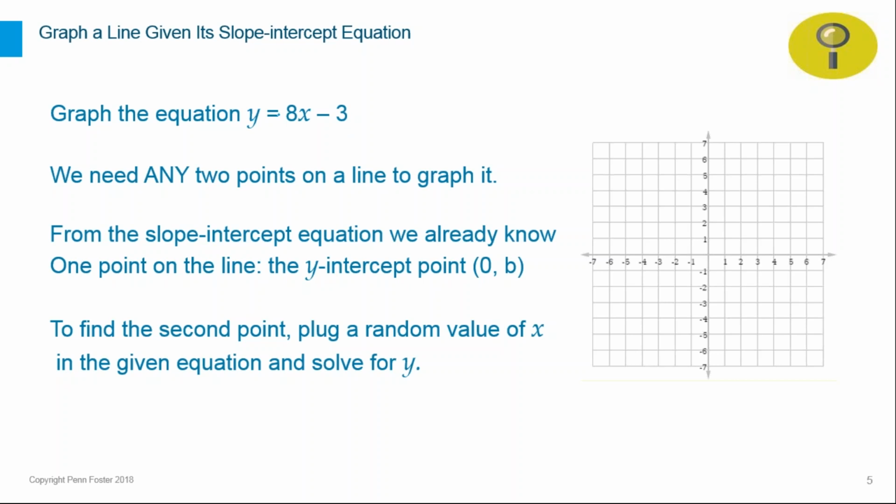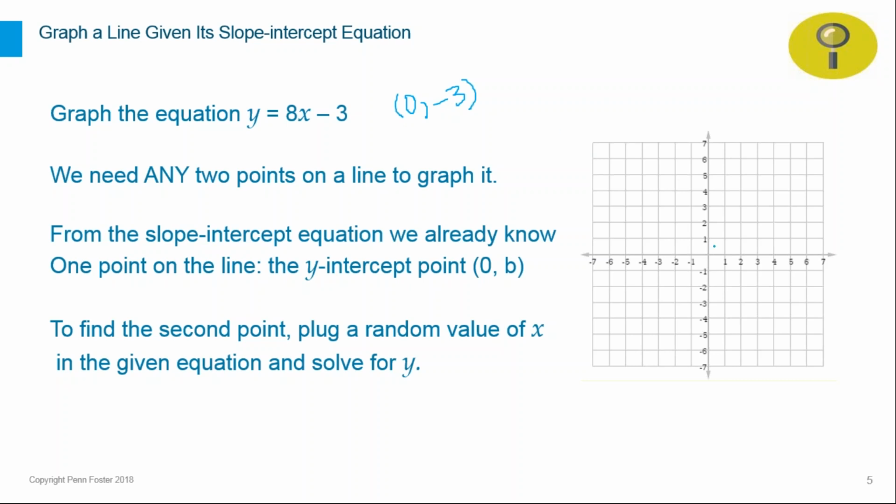One point is the y-intercept point, which, if this is b, then that will make it (0, -3).